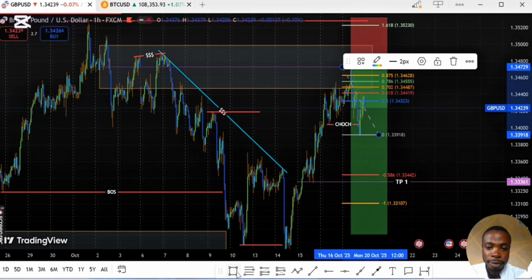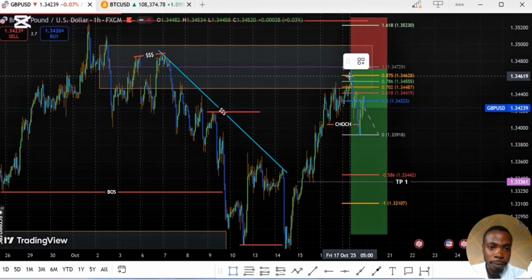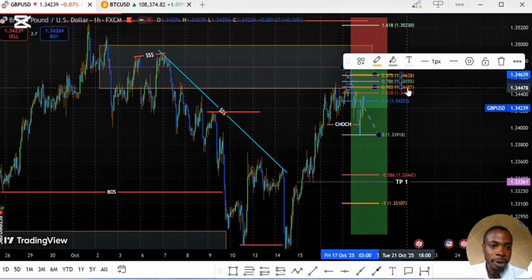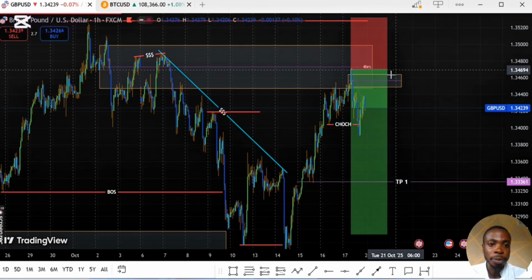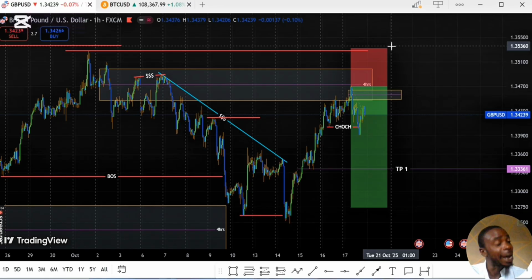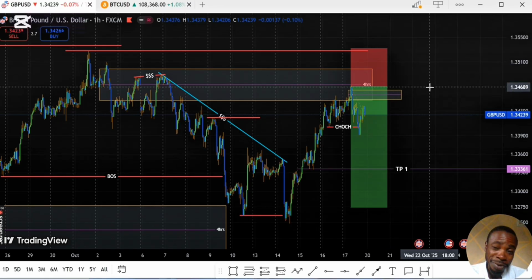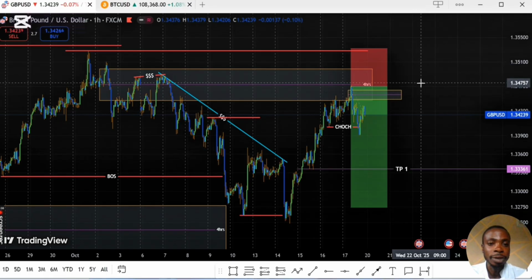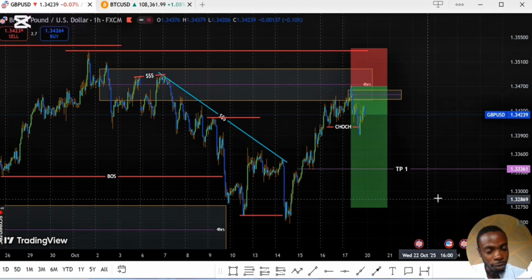If you want to map out the golden zone of the structure here, now we'll be looking to take this entry from here. And if I take the entry from here, our stop loss will now be a little bit higher, because most of the times by backtesting, you can decide to put stop loss after change of character happens. You put stop loss here, and the market takes you out and continues in your direction.